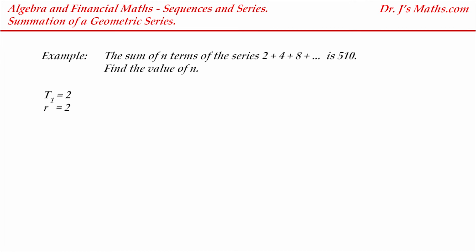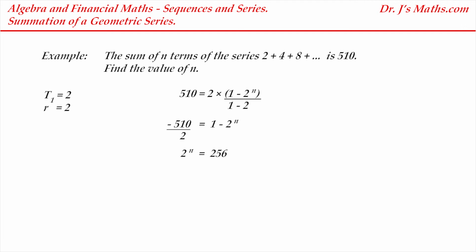So substitute. 510 is equal to 2, which is the first term, times 1 minus the common ratio, 2 to the n, over 1 minus 2. Tidy that up. The denominator gives us a negative, so we've got minus 510 divided by the 2 from the right-hand side, and that's left with the bit in brackets, 1 minus 2 to the n.